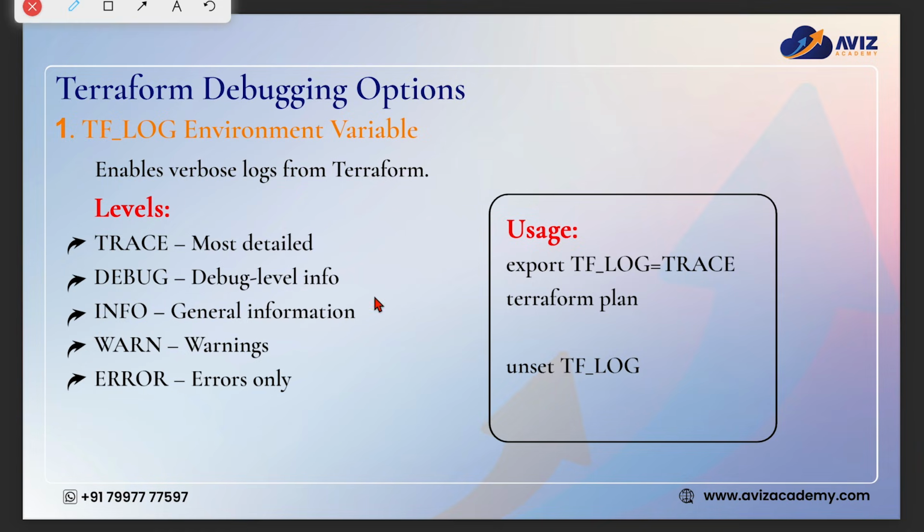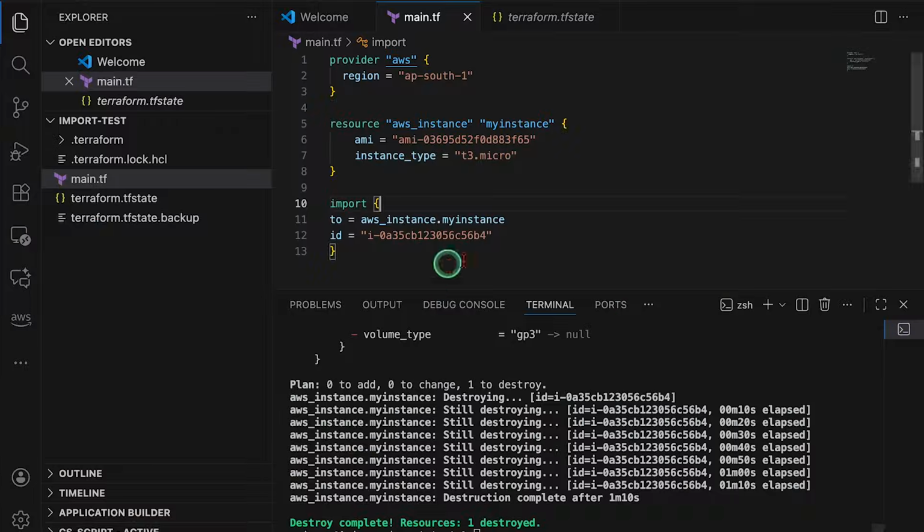See, the hierarchy is, if I am giving debug, it contains info, warning and error. If I am giving trace, it contains debug, info, warning and error. So to keep it minimal, most of the time, if it is failing, we can keep it to warning, we can keep it to error only. But yeah, we have to set it as an environment variable.